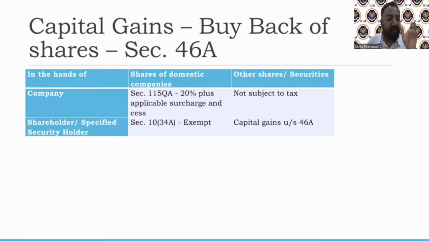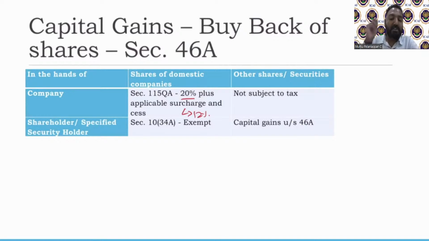In the hands of the company, if it is shares of a domestic company, it is taxable under section 115QA at the rate of 20% plus applicable surcharge and cess. The surcharge is a flat 12%, not what is applicable for companies otherwise.